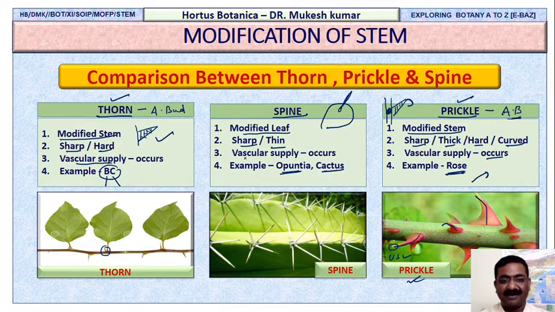It is also sharp, and vascular supply will be there. So this is the basic difference: thorn and prickle are modified stem, but spine is a modified leaf. Thorn is erect, but prickle has a steep curve, as in the case of rose, while bougainvillea and citrus have thorns. Fine. So this is the comparison among thorn, prickle and spine.